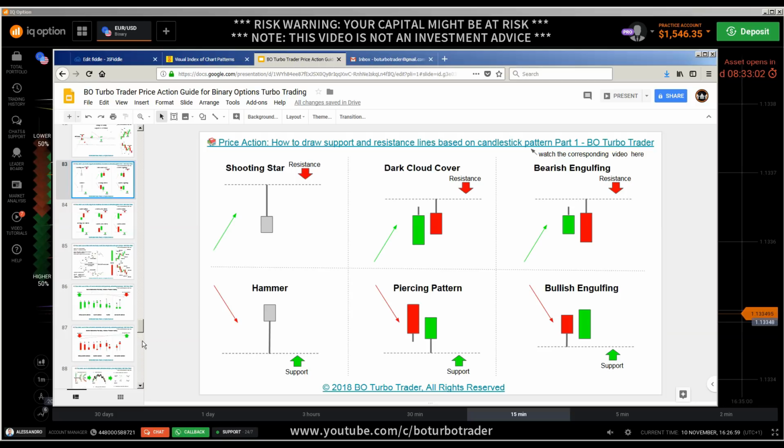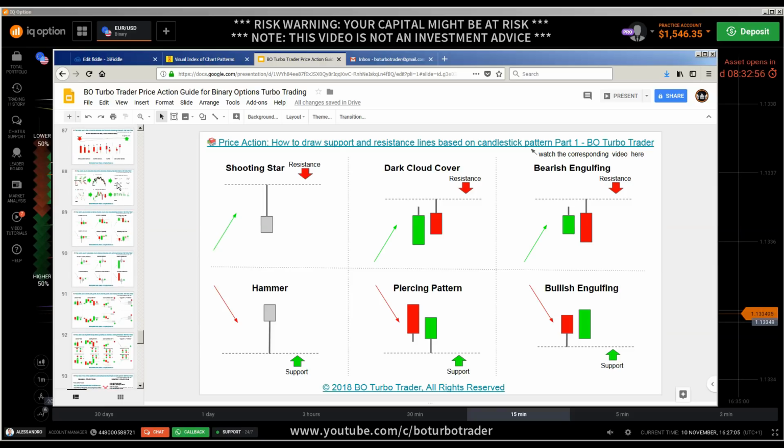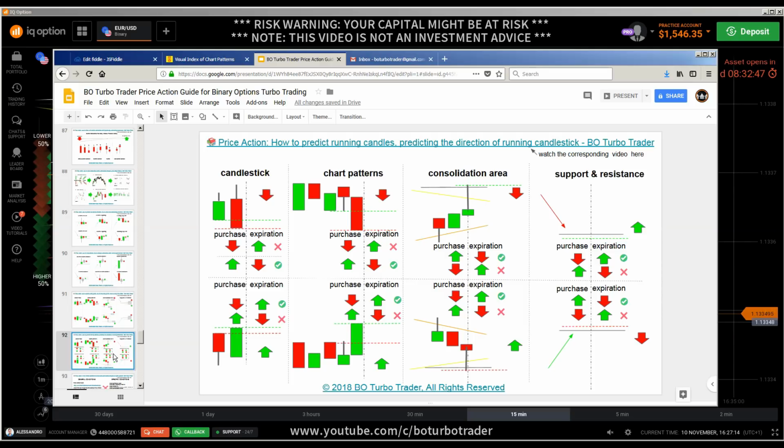Then obviously this concept where I have explained how you should enter a trade, what you should do before this, and then those concepts to get your trades in the money, like how to predict the running candle, which are included in the 7th edition of the ebook.